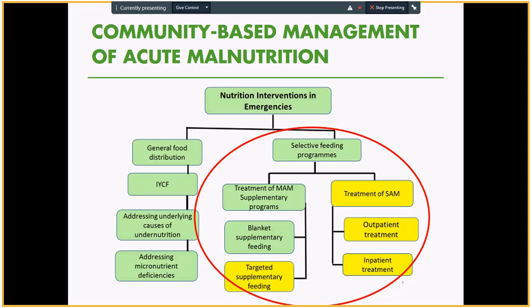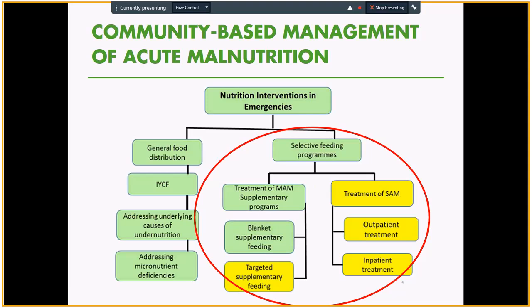These essentially mean that any carer with a child under a certain age, so normally under 2, automatically gets a ration of food. But the targeted supplementary feeding for both severe and moderate acute malnutrition is basically when a child who falls into the admission criteria of the program is admitted and is then monitored over time and fed nutritional food in order to improve their health.